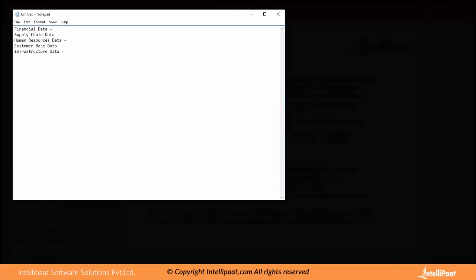So we can categorize data in different forms. Financial data is very crucial, but along with that, these are all also very crucial to any organization.